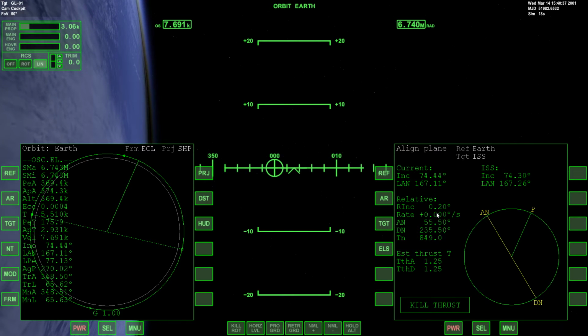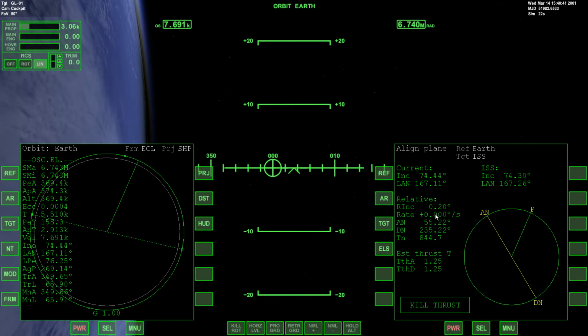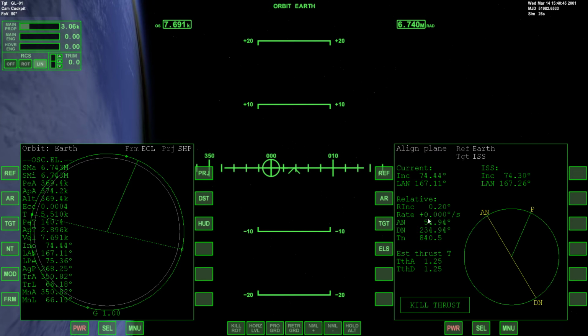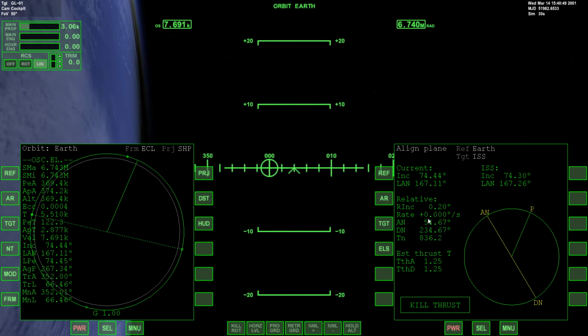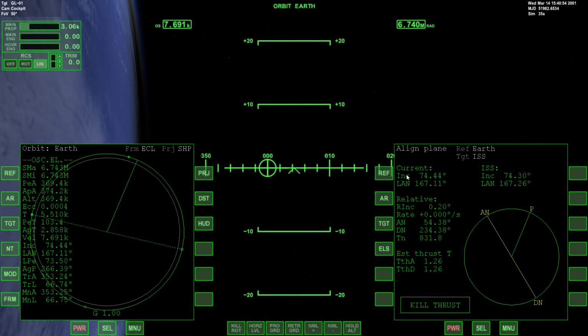Now when we align our orbital plane, in terms of the orbital elements, it essentially means that we're going to match the two elements between our orbital plane and that of a target, which define the orientation of the orbit in space, and that is the inclination and the longitude of the ascending node.